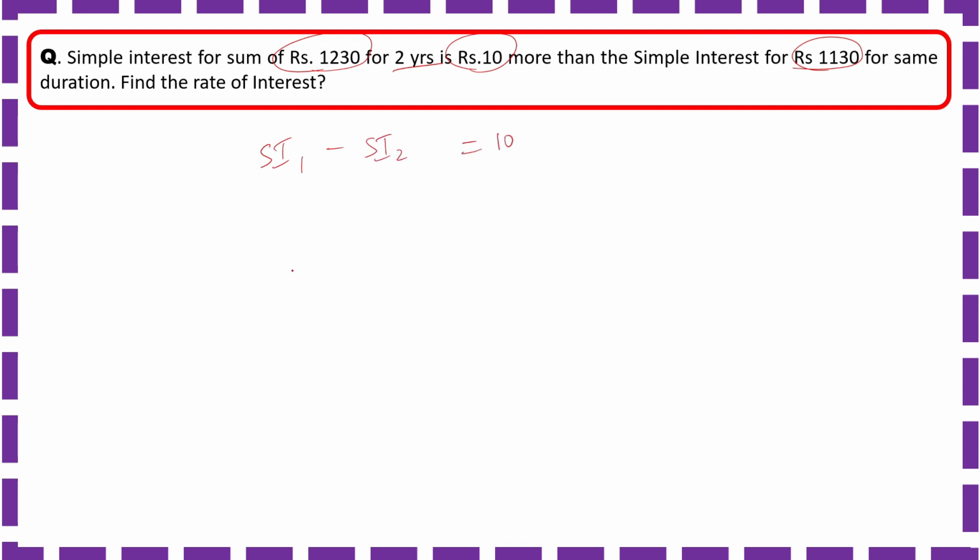We know SI, simple interest, means PTR by 100, or PNR by 100, anything we can take. So PNR by 100 is equal to 10.